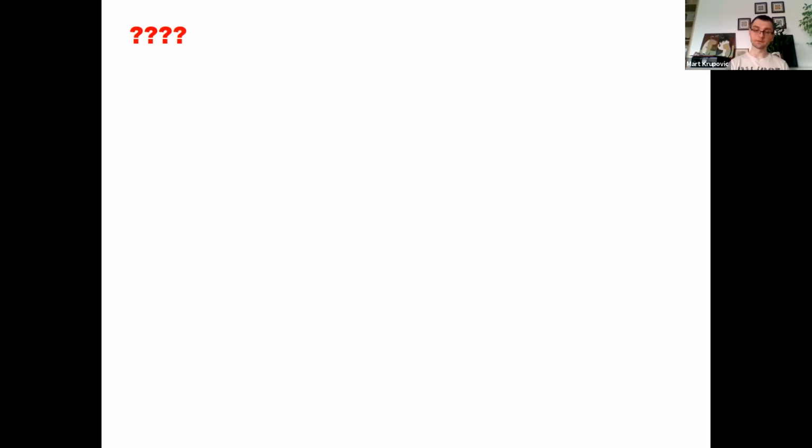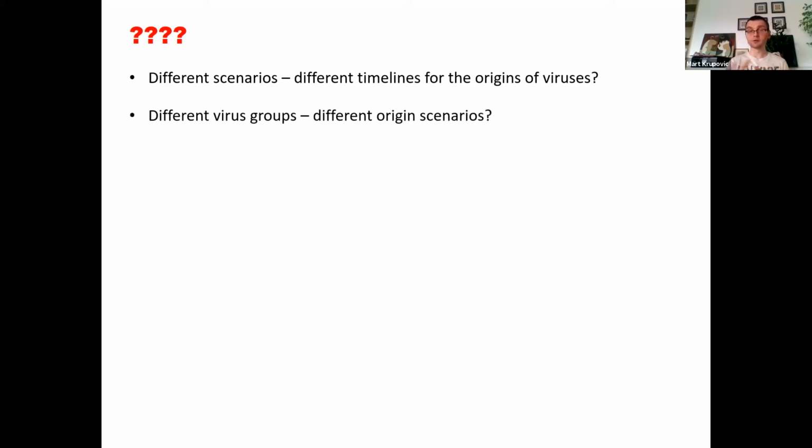And the first one of which is the timeline. When did viruses originate? Because they propose very different timelines, from the pre-cellular stages of evolution all the way to modern cells. And these scenarios are mutually exclusive for any given group of viruses, but perhaps different groups of viruses could have emerged by different mechanisms.